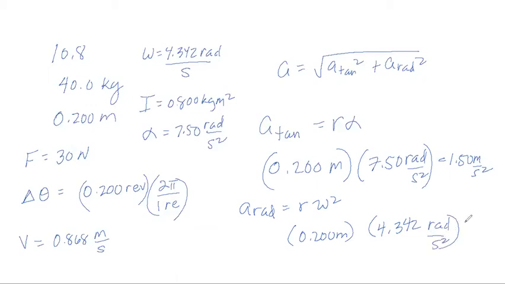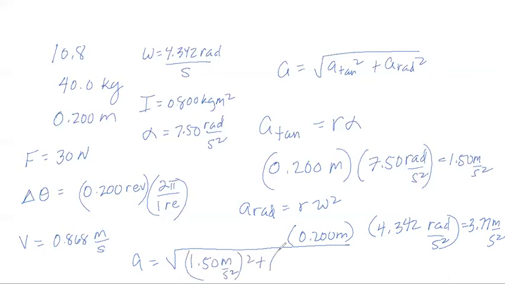And that's going to be 3.77 meters per second squared. Now, take those values. A total equals the square root of 1.50 meters per second squared plus 3.77 meters per second squared, and you're going to get 4.06 meters per second squared.